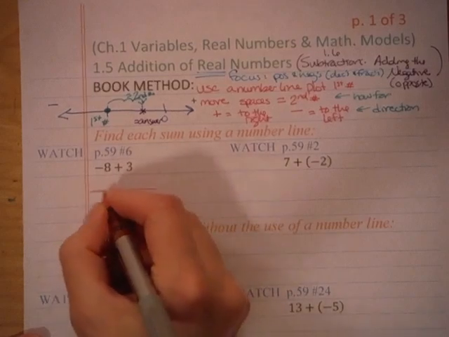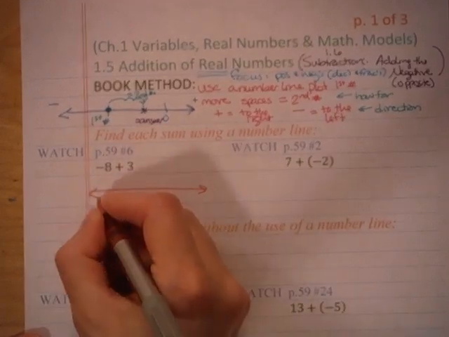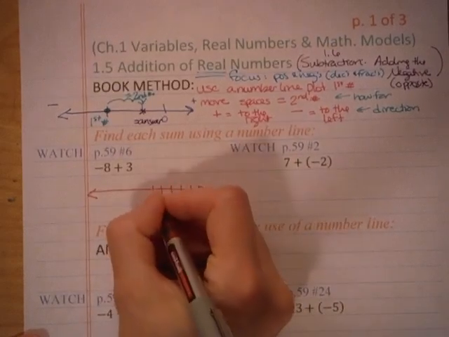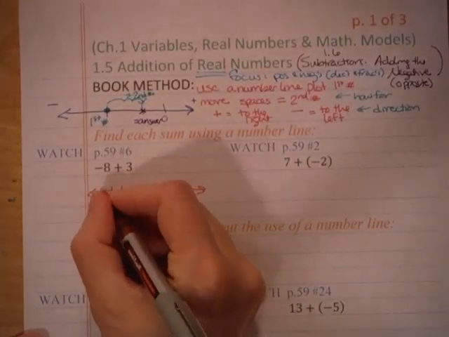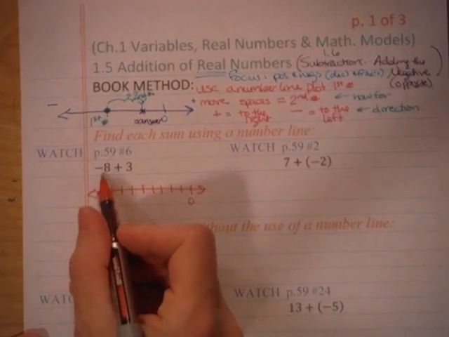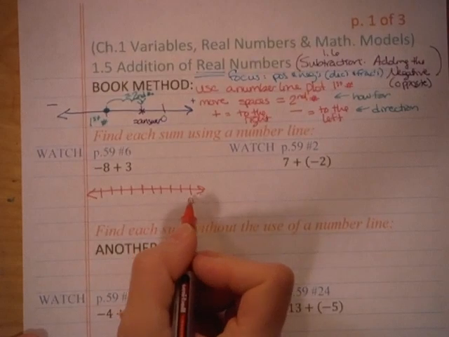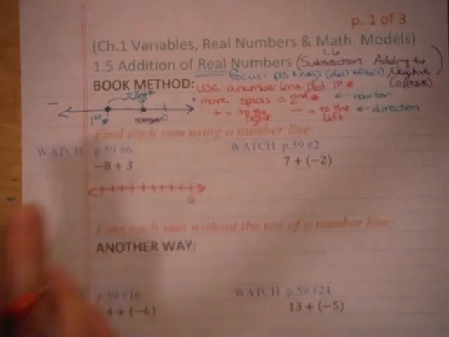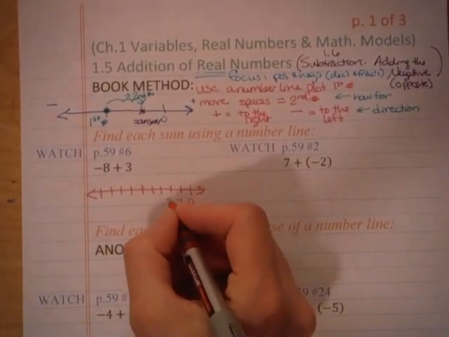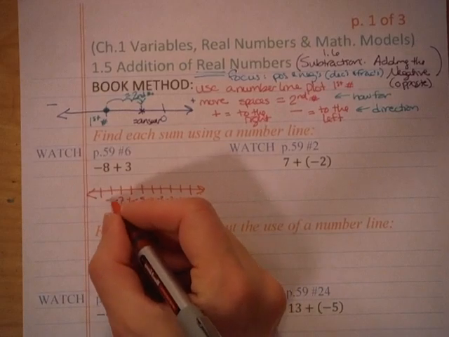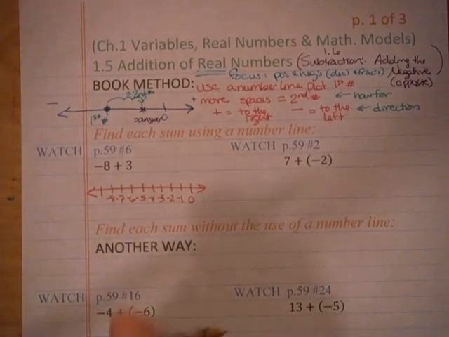So we'll look at number 6 here, -8 plus 3. I always put 0 as a reference here. And I take a moment to look at the numbers that I'm given to set it up. I know that -8 is my starting point, so I went ahead and put 0 over to the right here, like I'm looking at the left side. And so my starting point is here at -8. You don't have to label everything on your number line.